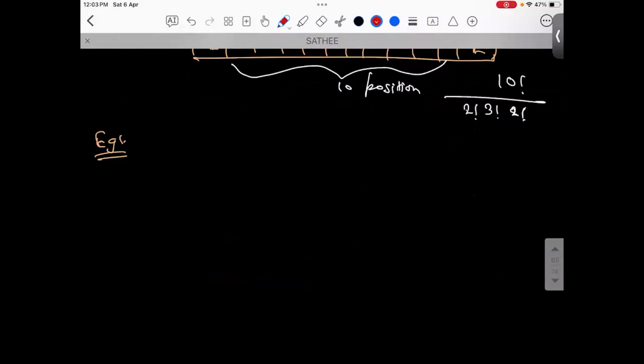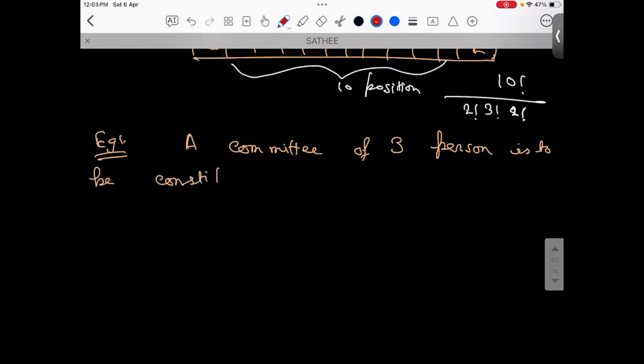The question is, a committee of 3 persons is to be constituted from a group of 2 men and 3 women.